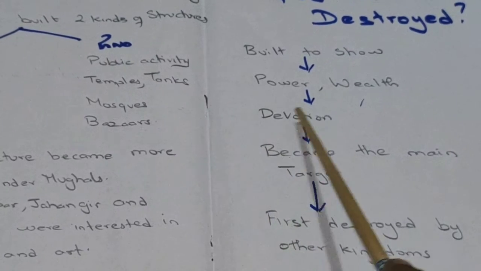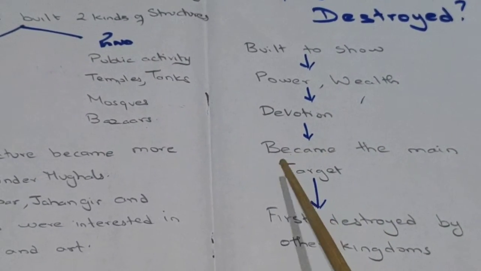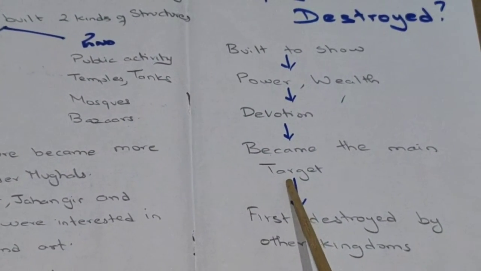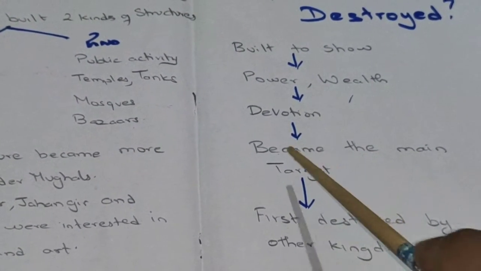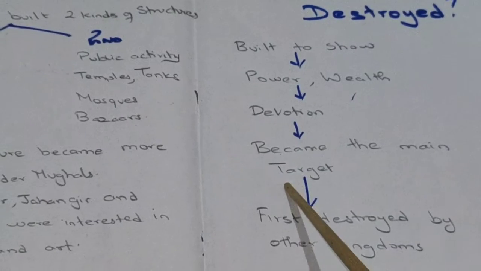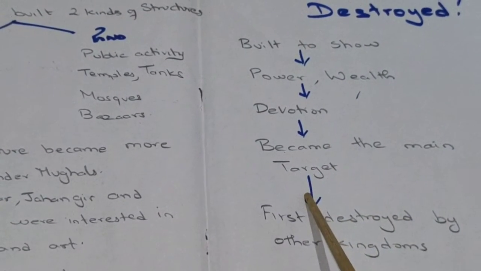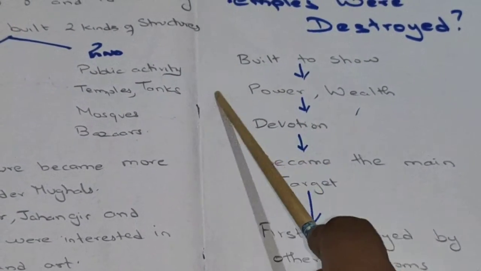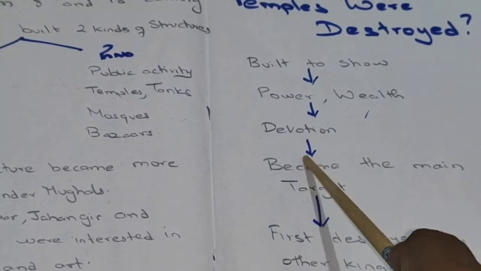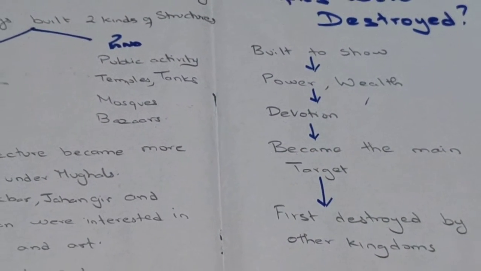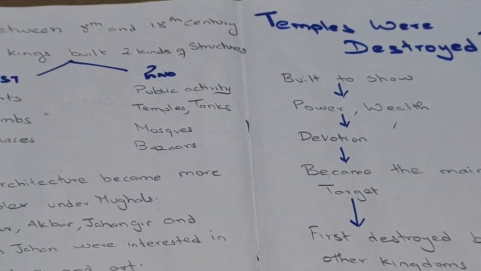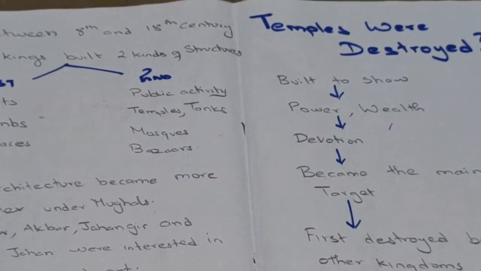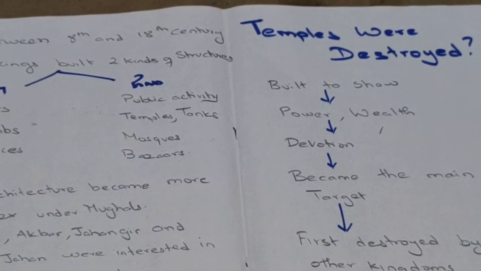This large construction becomes a main target, as other kingdoms target the larger places. If a temple is destroyed, it means the power and wealth of a particular king is destroyed. I hope you have understood about the different buildings, constructions and techniques used during this period.